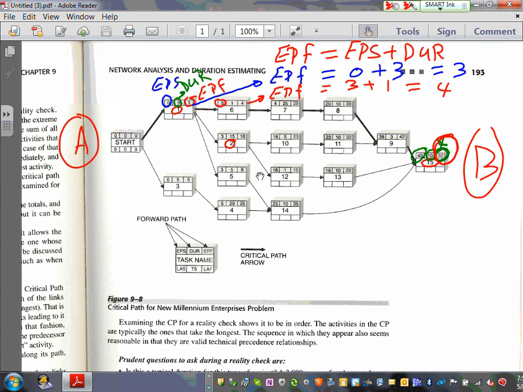So the network analysis, you put your network, it's equivalent to the Gantt chart, right? This is equivalent to the Gantt chart, what we did yesterday, if you guys remember. So we got that one. Okay, so that was 9. So that's what we got.